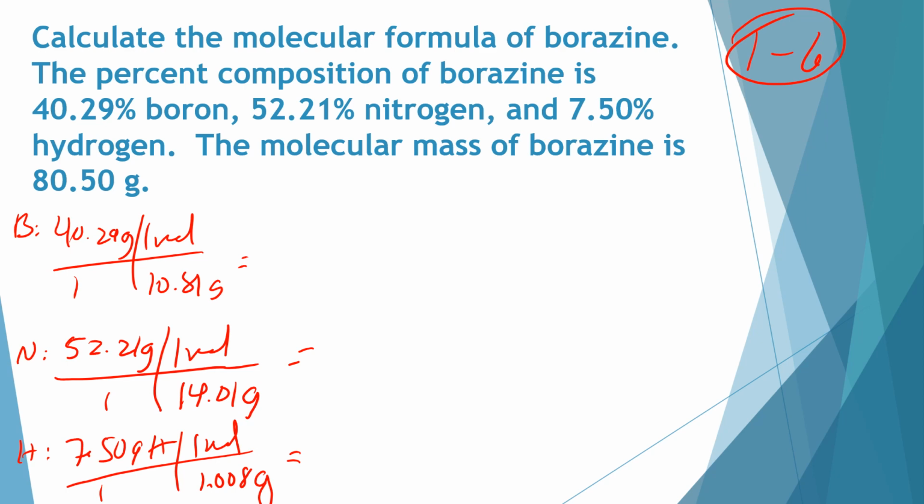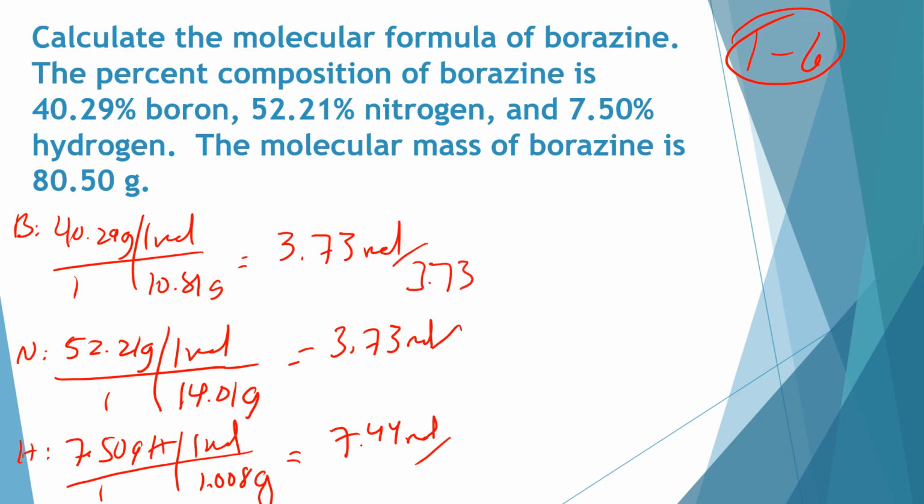So I do my math, just my normal dimensional analysis conversions. 3.73 moles, 3.73 moles, and 7.44 moles when I do my math. I divide by my smallest number. I end up with 1, 1, and 2 when I do my math.